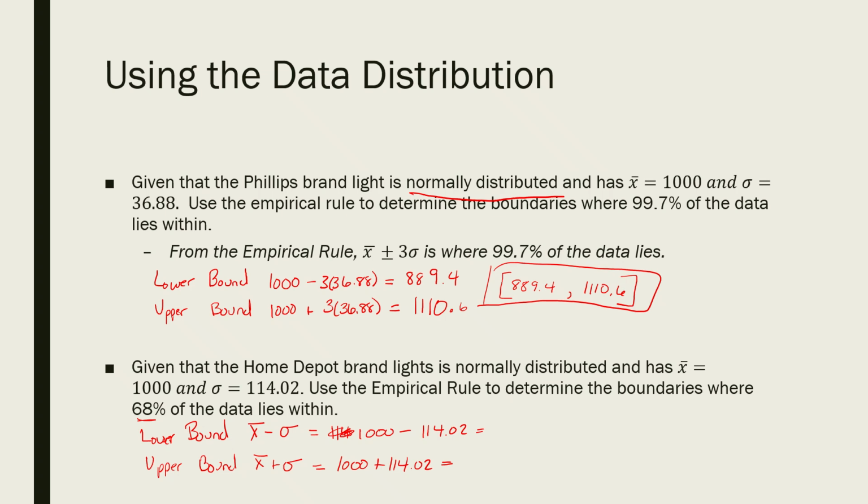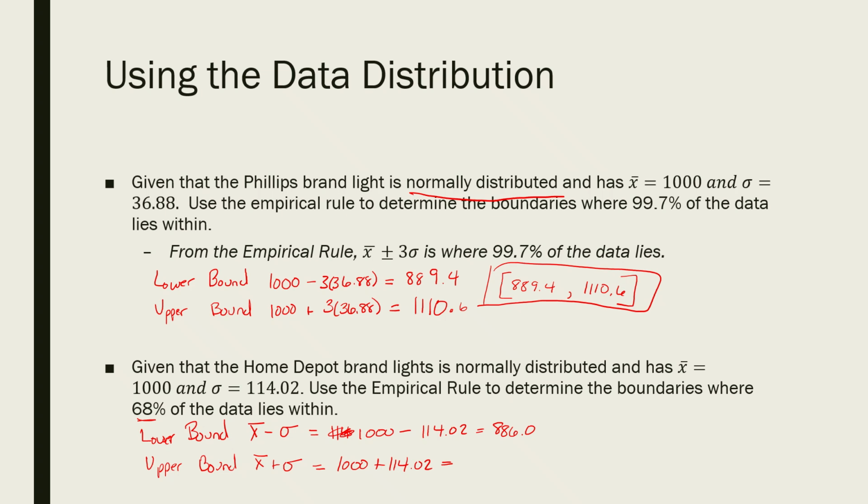1,000 minus 114.02. I get 885. Actually, I get 886. So it's rounding it to one decimal place. And then I'll get 1,000 minus 114.02.